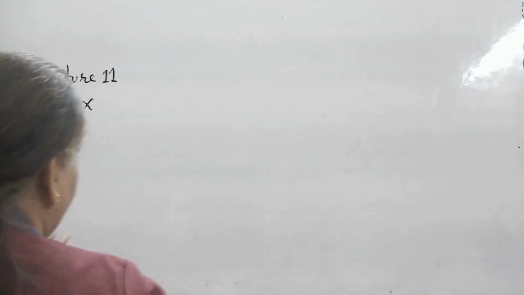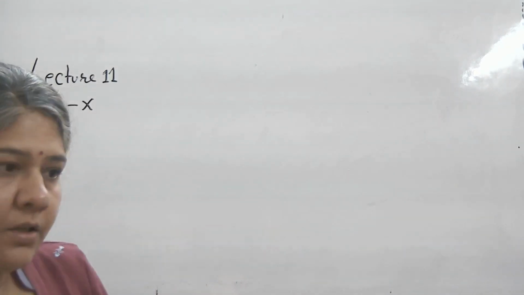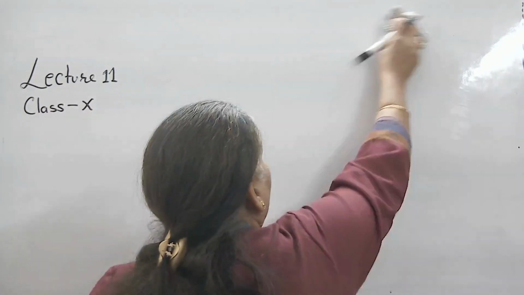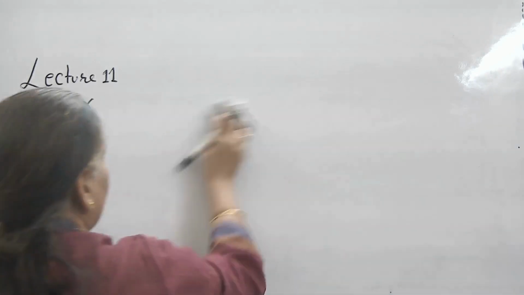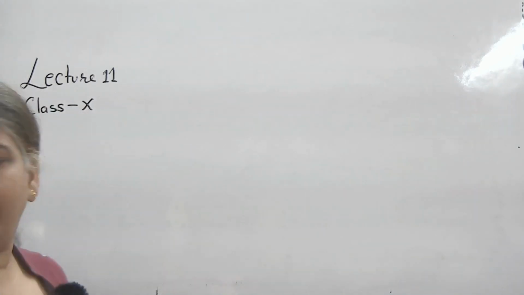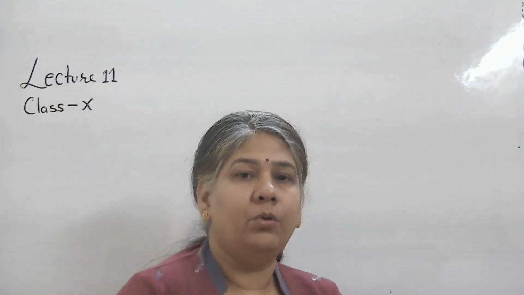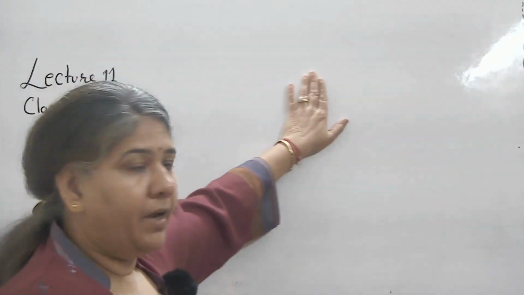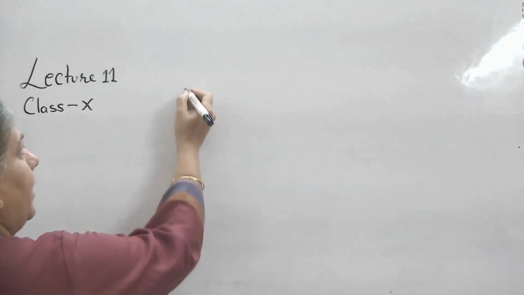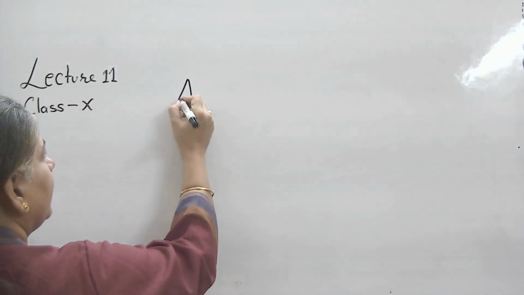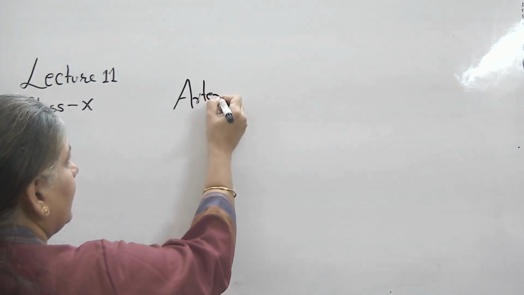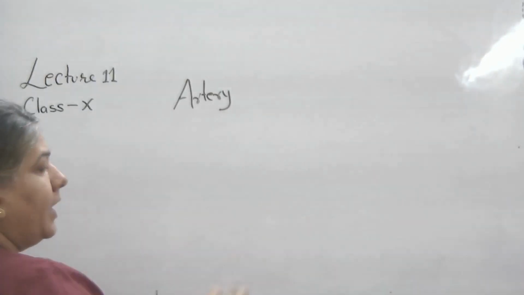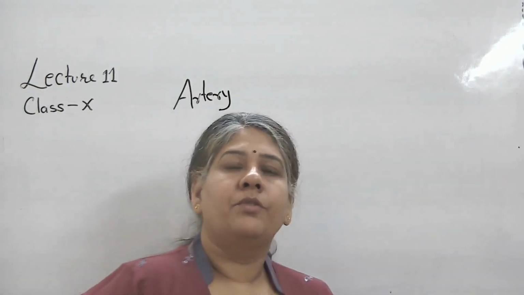Let's see how this networking of blood vessels work in our body. This working is important to understand because that will help you to understand the circulatory system, which we see in a while. Okay. Artery, these are big vessels which are carrying blood from the heart.